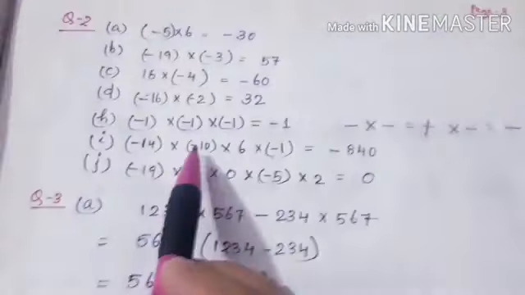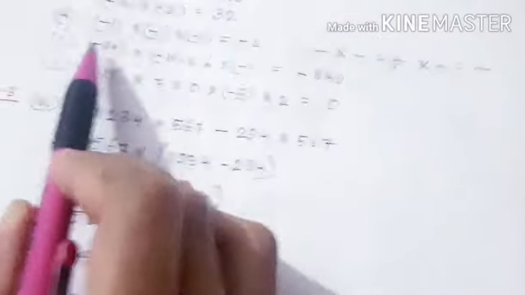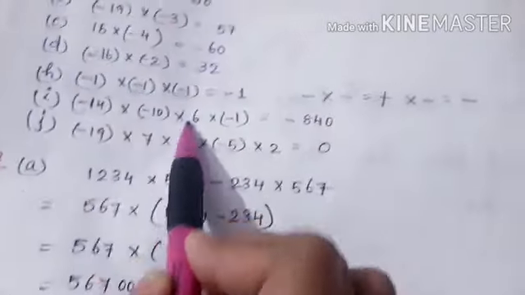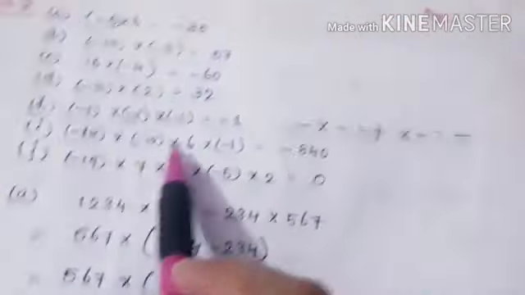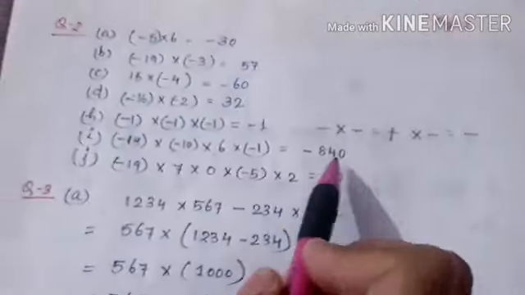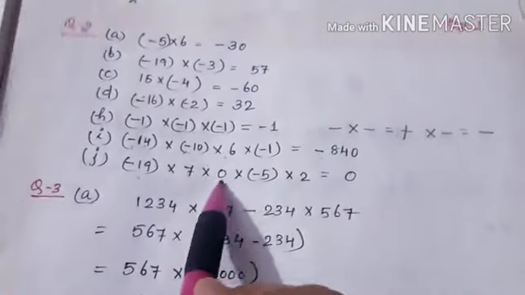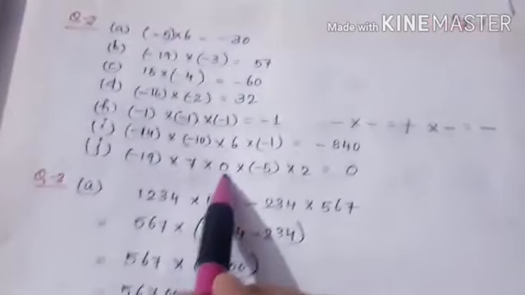Here, first you do the sign work. Minus into minus, plus. Then plus into plus, plus. Then plus into minus is equal to minus. Then you multiply: 14 10s are 140, into 6 is 840. Then here, minus 19 into 7 into 0 into minus 5 into 2. What will you get? Here 0 is there, so you only put 0.